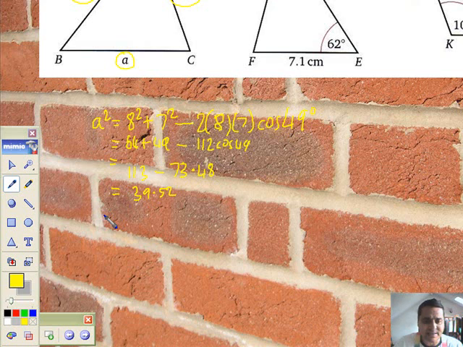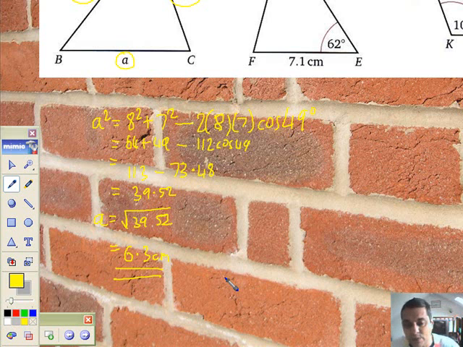But of course this is A squared, therefore A on its own is going to be the square root of 39.52. And now we just talk to the calculator and we just root it. Bam! 6.28, 6.3 therefore. So A is going to be 6.3 centimetres in length. And that was easy, wasn't it?